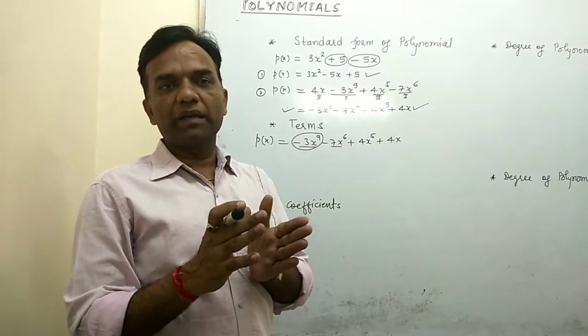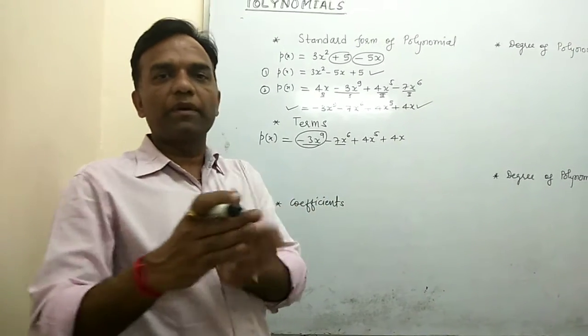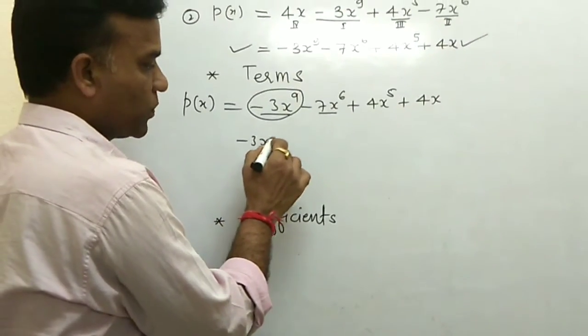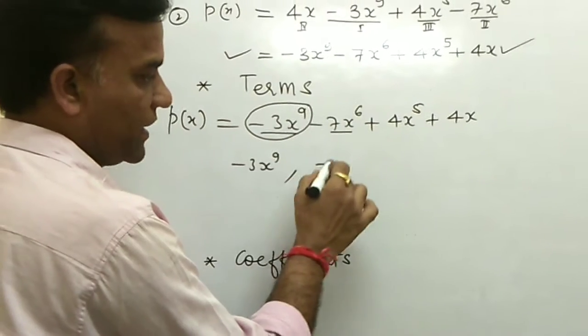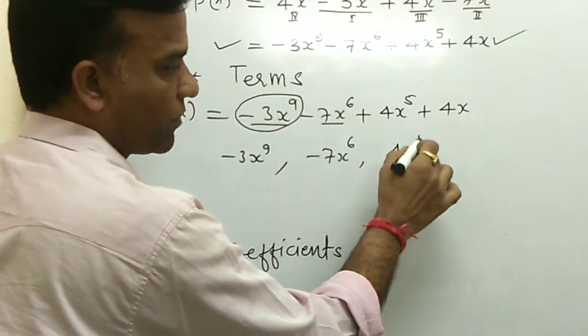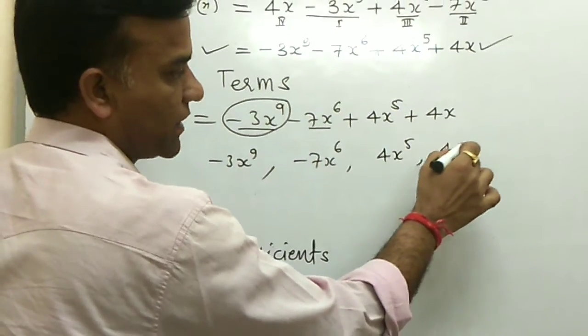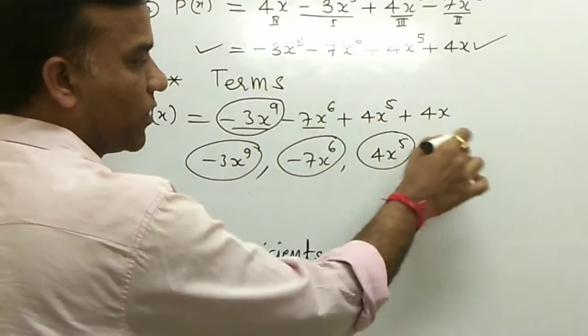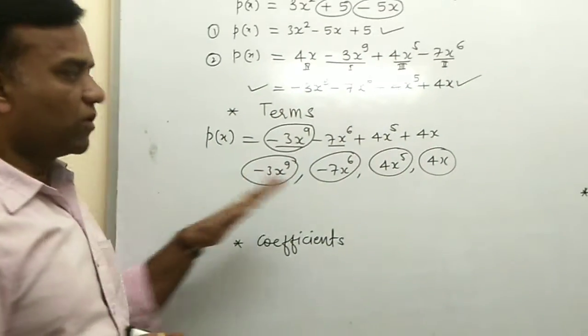So if a plus or minus sign is there, it means the sign separates the terms. So what is the first term? Minus 3x to the power 9. Second is minus 7x to the power 6. Similarly 4x to the power 5. Similarly 4x. Okay, so these are the terms of this polynomial. Here we count the number of terms.